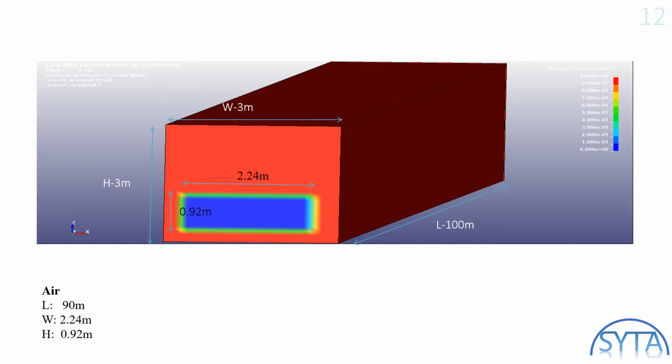After the 90 meter inside the tunnel or box, the drill hole or charge is put 90 meter from the face.